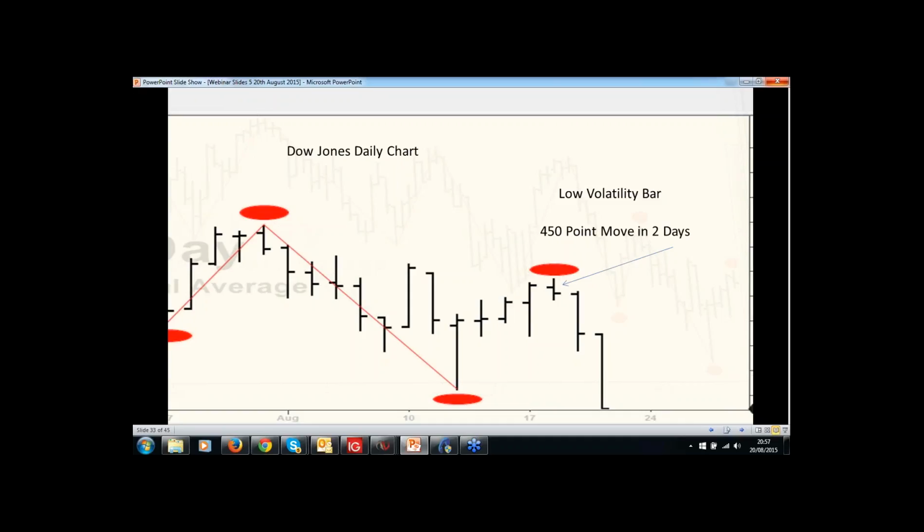Therefore, the probability of the market now reversing is great. And it just so happens that I will demonstrate to you with the same slide very shortly on the vertical bar trading pattern that that was a double whammy, which was a very strong signal.